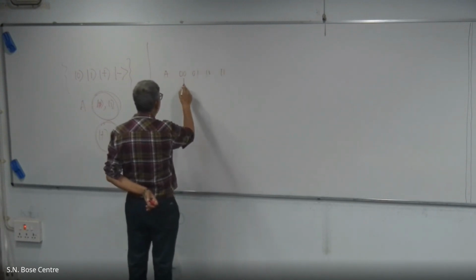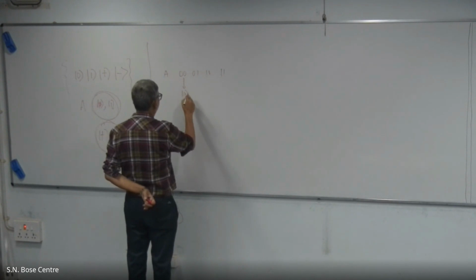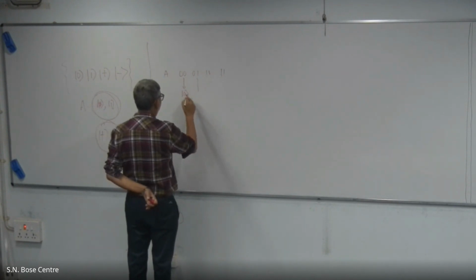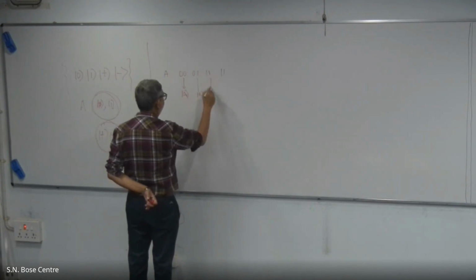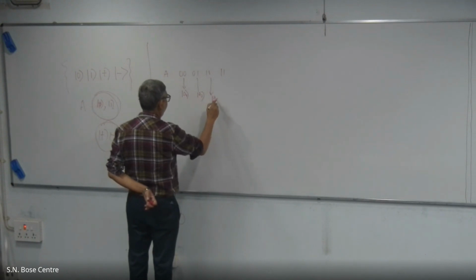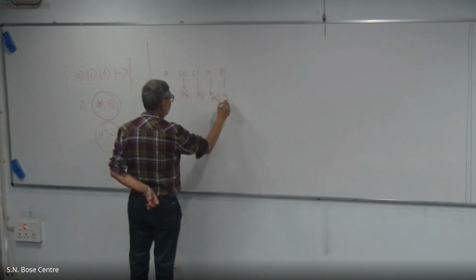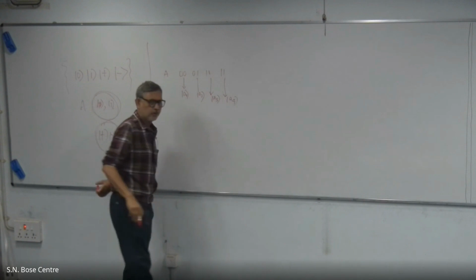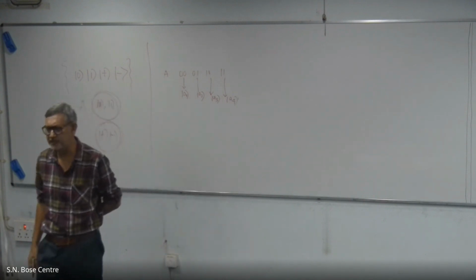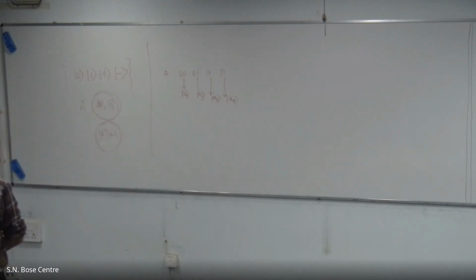Now Alice can encode them in some four possible quantum states, and we also assume these four states are orthogonal. So if these states can be sent to Bob reliably, or through a perfect channel, then of course Bob will be able to distinguish among them and can get these two bits of information.